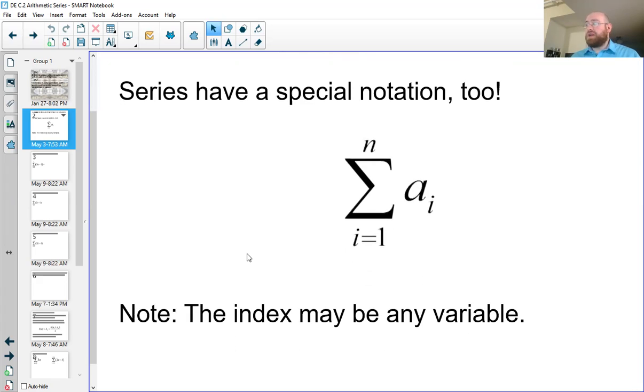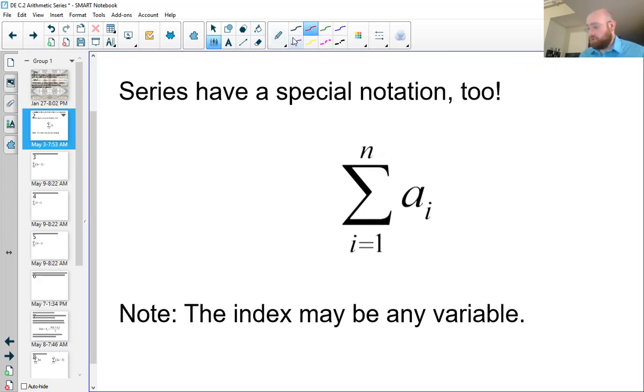Series also have special notation. This is called sigma notation, and it's called sigma notation because this is the Greek letter sigma. Along the bottom we have the index.